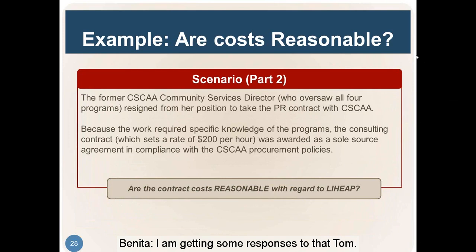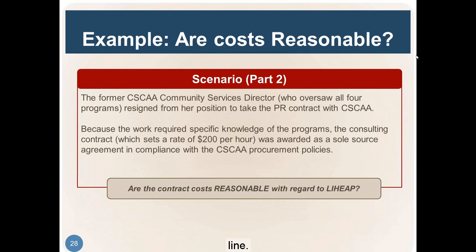So I'm getting some responses to that, Tom, that sole source is a concern. And another person asked if there would be a conflict of interest. Yeah, I think that's a very good question. Any ideas on that? Anyone have specific ideas on whether it is or isn't a conflict of interest? And I think we have our same caller.